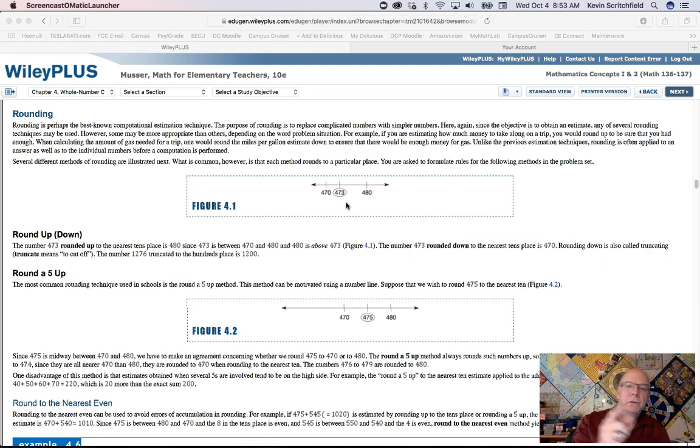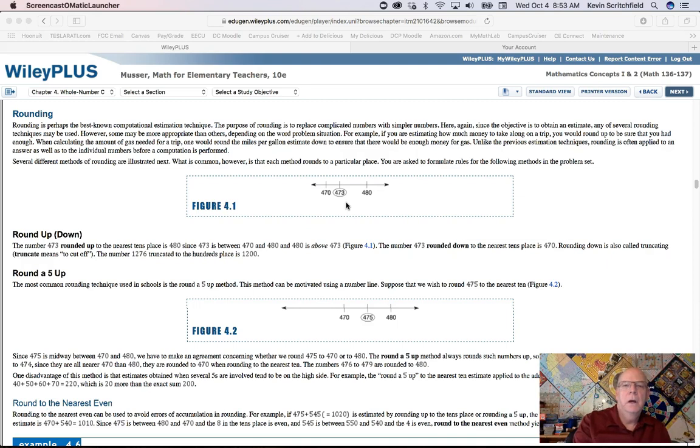Because it is in the range 0 to 4, we keep the 7 and round this number down to 470. If that number had been a 5 up through 9, then we would round this number up to 480. That's the basic concept of rounding.